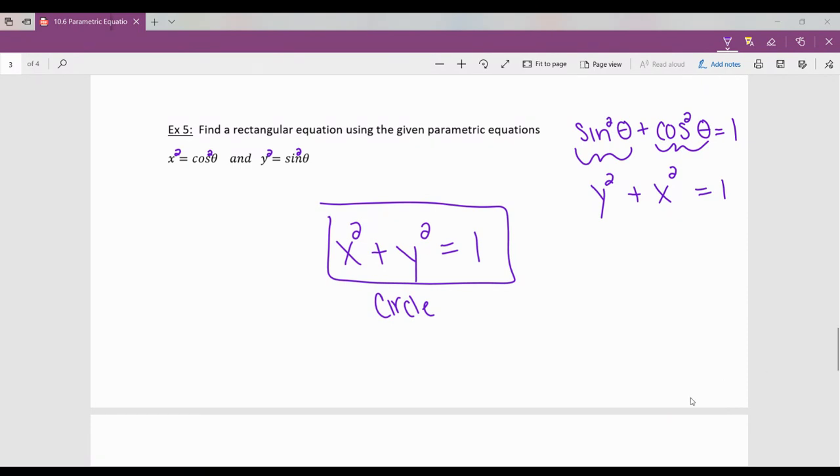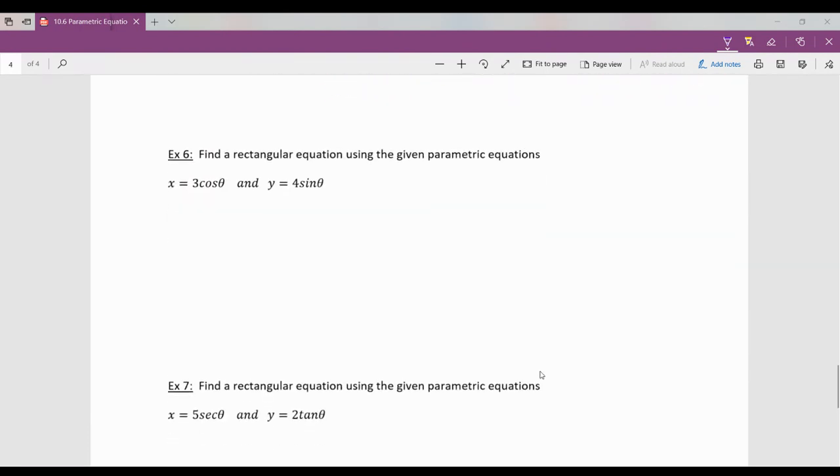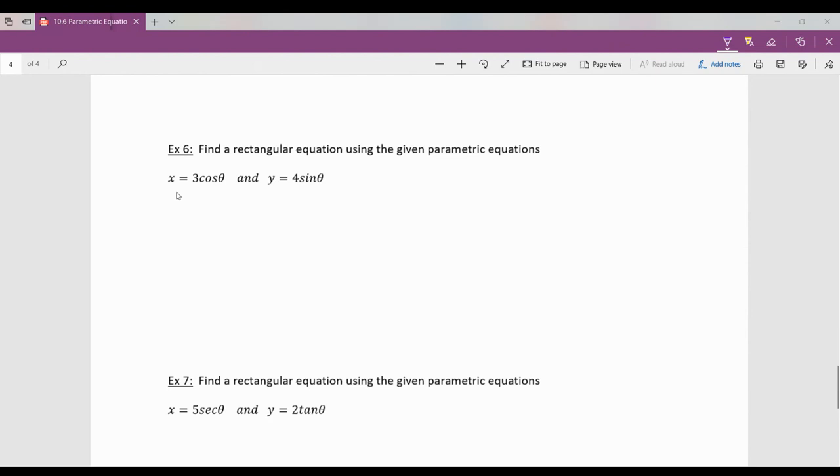All right, so moving along and away from that joke, we've got the same idea, but a little spin to it. x equals 3 cosine theta and y equals 4 sine theta. I'm going to once again recap that sine squared plus cosine squared is equal to 1.